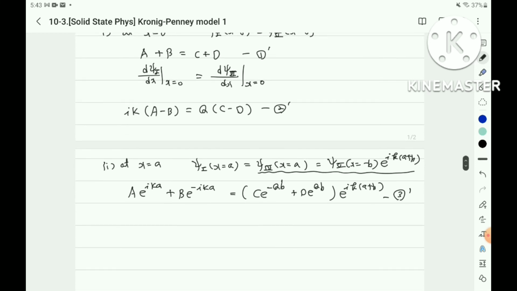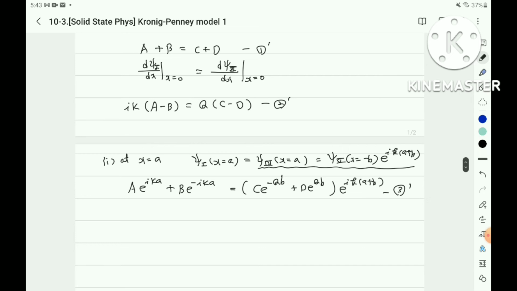Also it should be smoothly continuous: d psi 1 dx at x equal to a should equal d psi 3 dx at x equal to a.